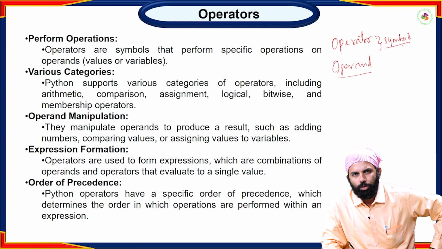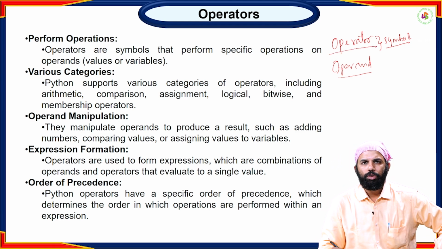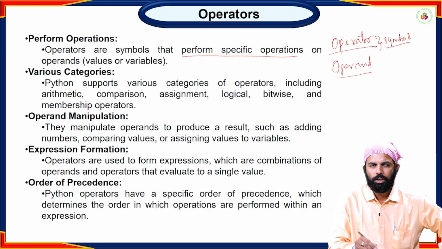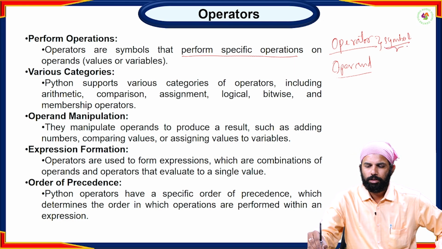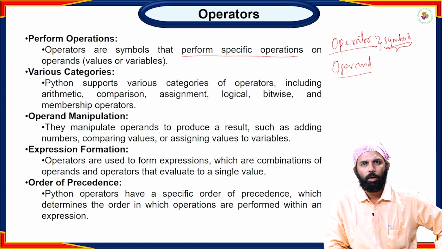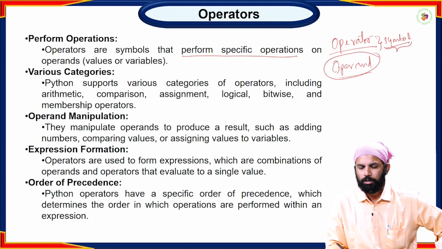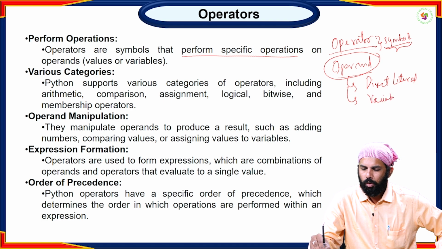If any particular token is considered an operator, its usage is performing a specific operation, and the token onto which it is applying its operation is considered an operand. The operand can be a direct literal. The operand can be a variable value.